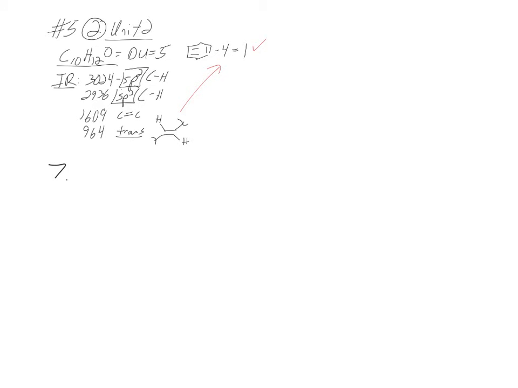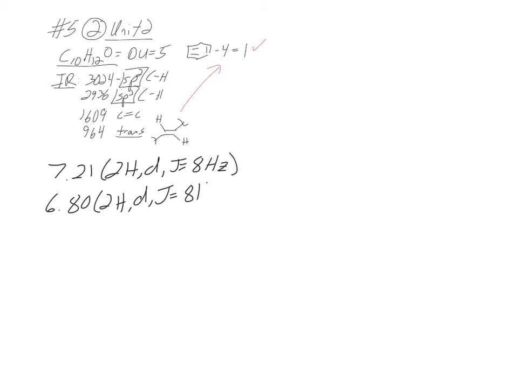NMR says 7.21, we have 2 H's. That's a doublet, and it has a J value of 8 hertz. We have another peak at 6.80 worth 2 H's. That's a doublet that has a J value of 8 hertz.